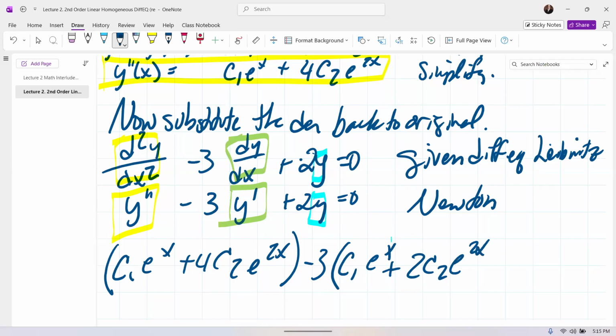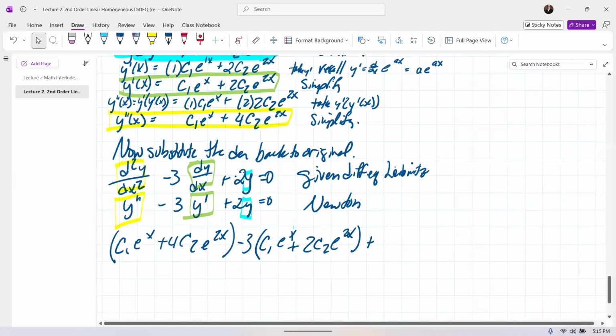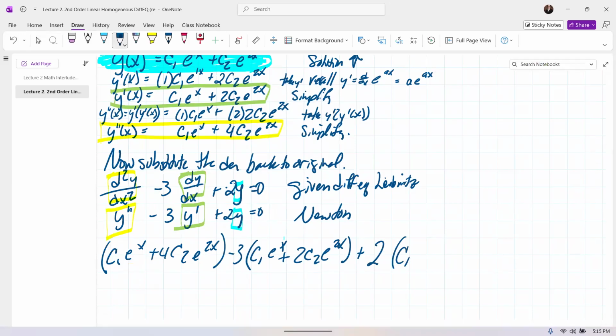E to the 2x plus, actually, yeah, that's probably better. You can see that I'm really just copying from above. Plus 2 times C1 e to the x plus C2 e to the 2x. Okay, so that should be exactly just copied from above, equals 0.